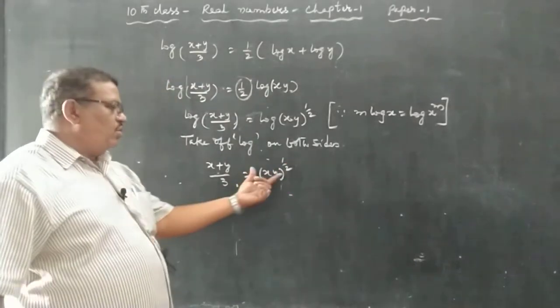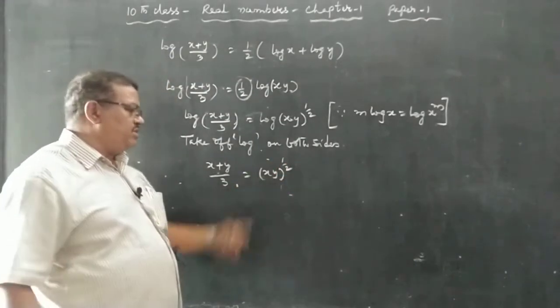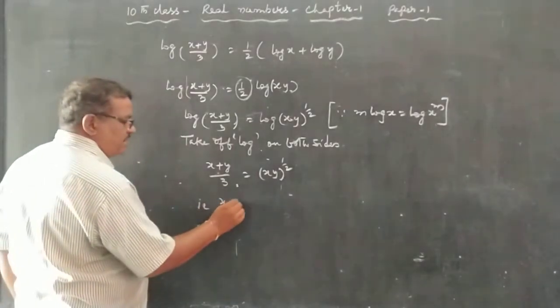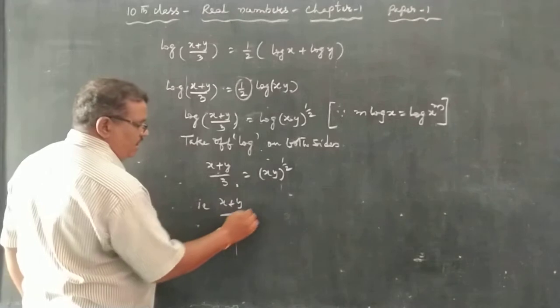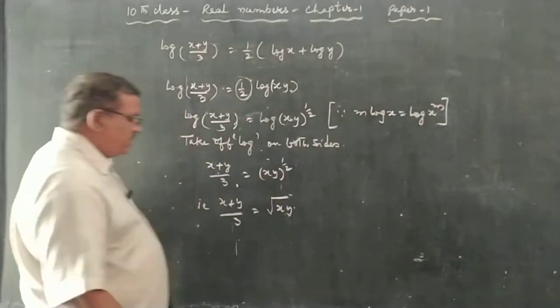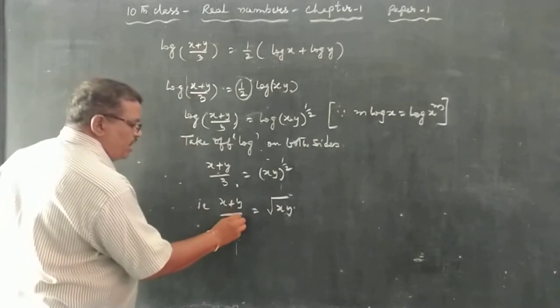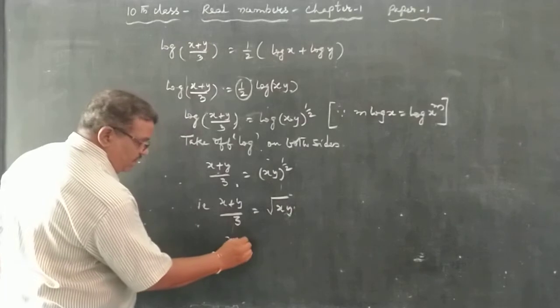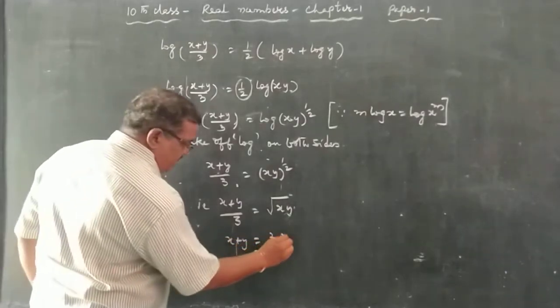The root notation of xy power 1 by 2 is nothing but root xy. So (x plus y) by 3 equals root xy. Transpose 3 to the RHS, you get x plus y is equal to 3 root xy.